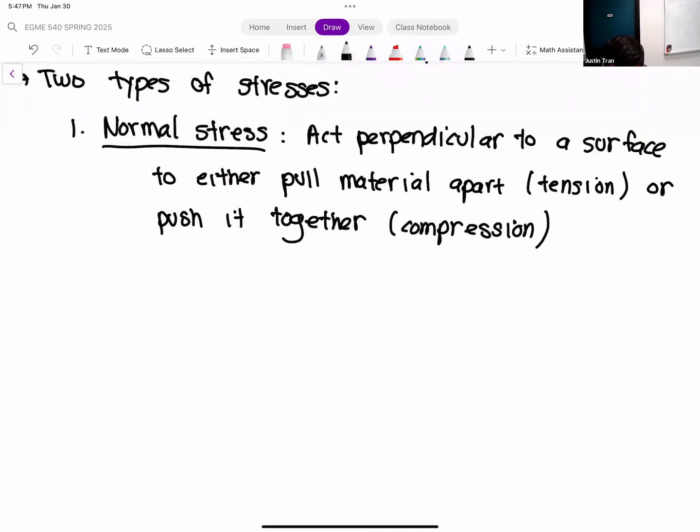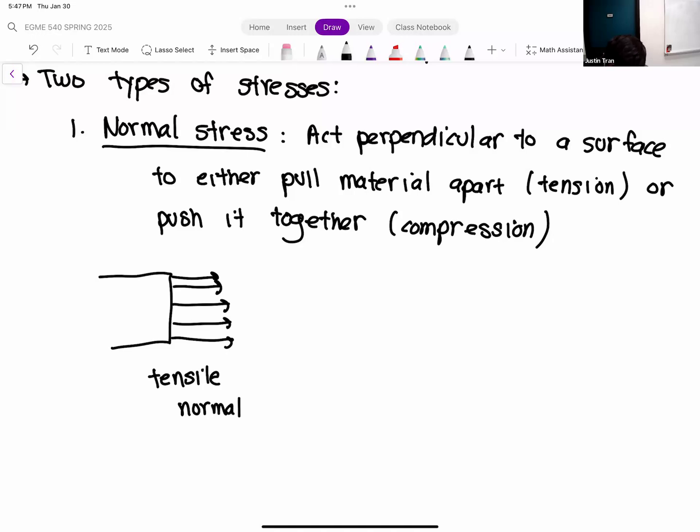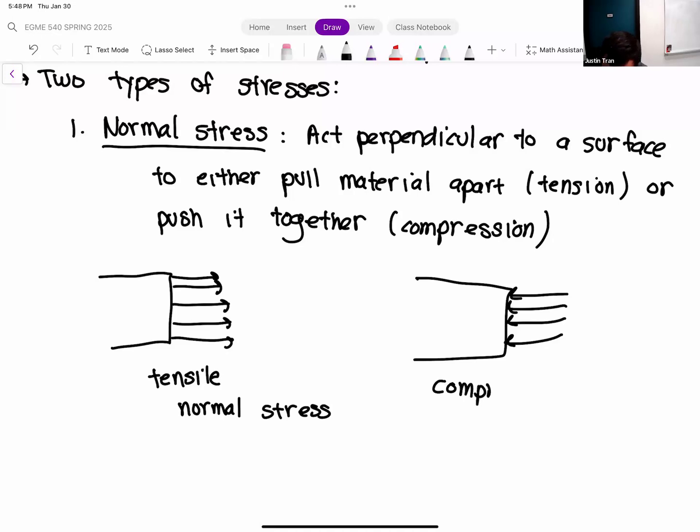So let me just give you a couple drawings here. Right, so something like this would be a tensile normal stress. Whereas a stress that's going to be pushing inwards, like this, would be a compressive normal stress.